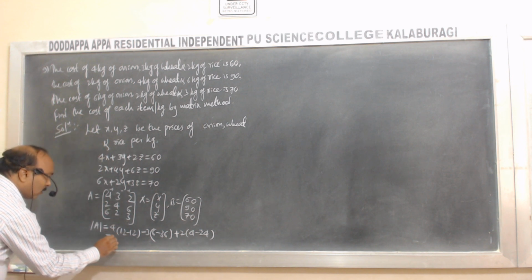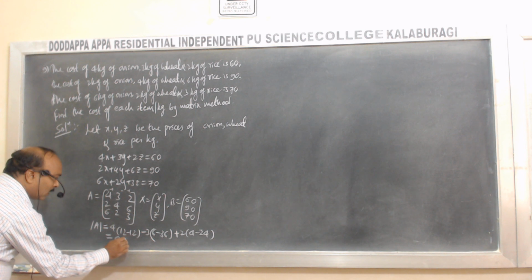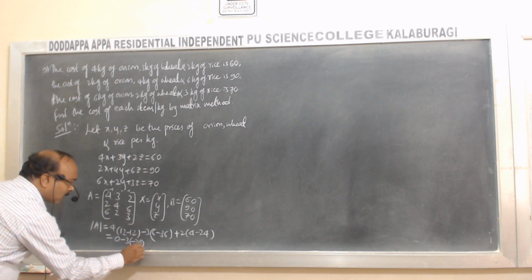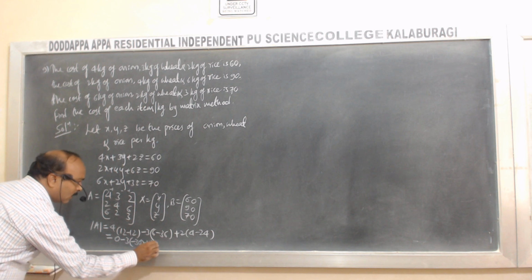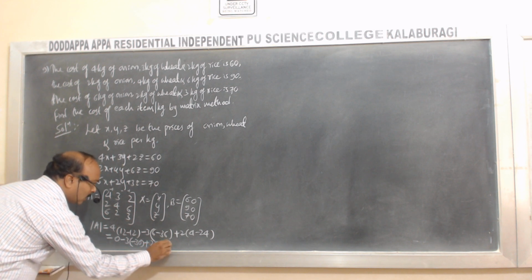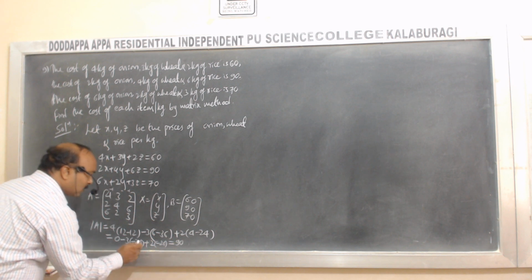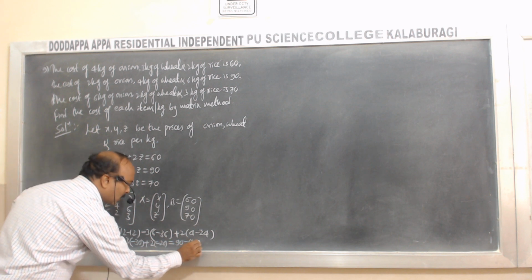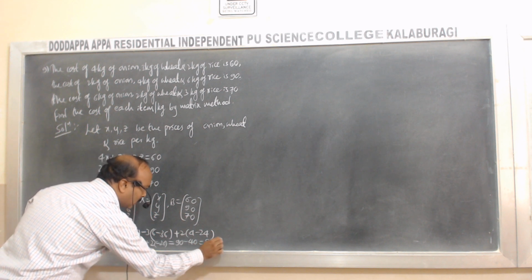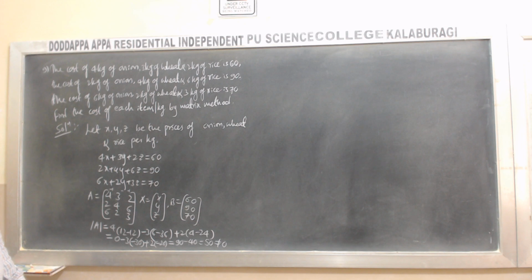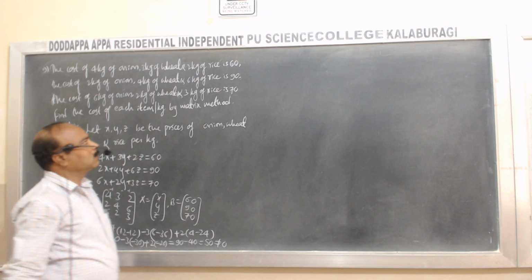Now it is equal to 0 minus 3 into minus 30 plus 2 into minus 20. It is equal to 90 minus 40, it is 50, which is not equal to 0. Now it is a non-singular matrix. Now we go for cofactors.